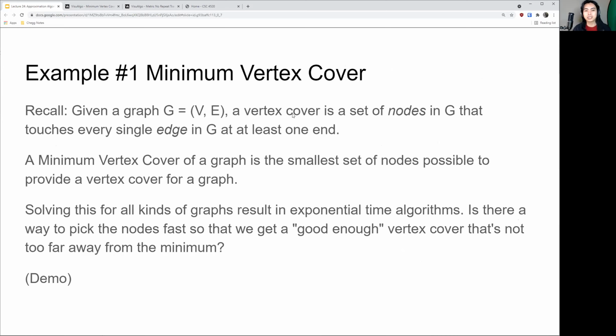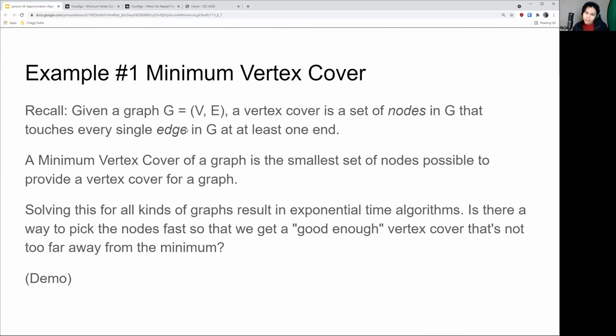Right? So a minimum vertex cover is just a vertex cover, except we have the least number of nodes necessary in order to actually do the job. Solving this for all kinds of graphs is really expensive. The best algorithms we have are exponential. They take O of 2 to the n, as we saw in our exhaustive search lecture.